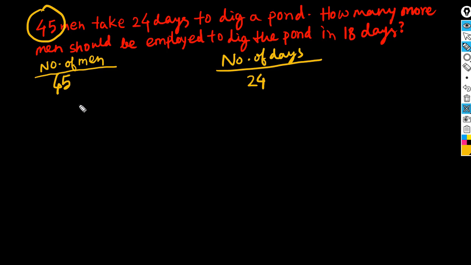Now our question is how many more men should be employed to dig the pond in 18 days. Here we don't know the number of men, so let's assume x men are needed to dig the pond in 18 days.